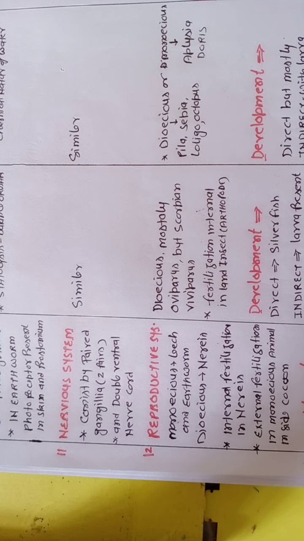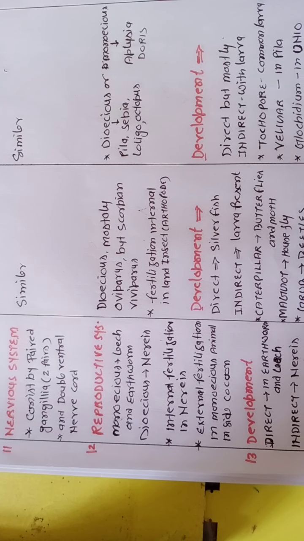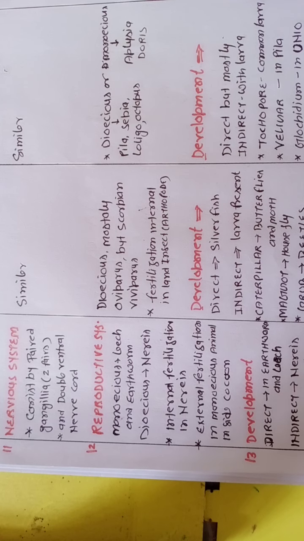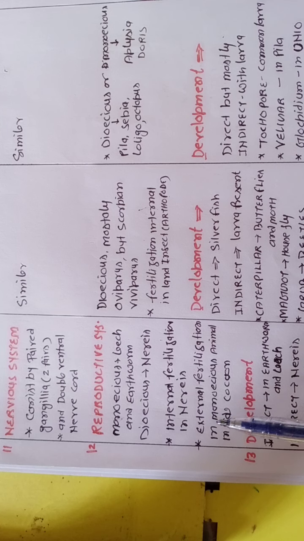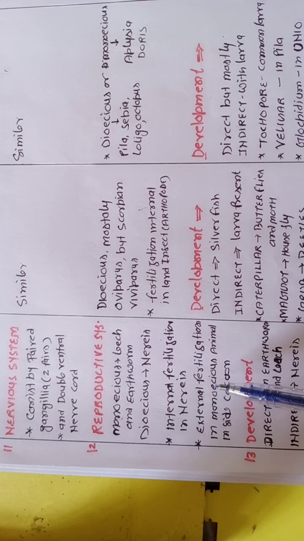But in the case of monoecious animals, fertilization takes place in the cocoon, which means outside the body. That's why it is known as external fertilization. So external fertilization takes place in monoecious animals, meaning leech and earthworm. But internal fertilization takes place in the case of Nereis.